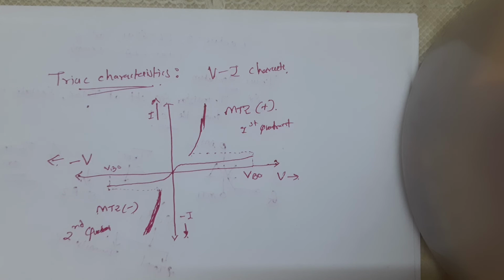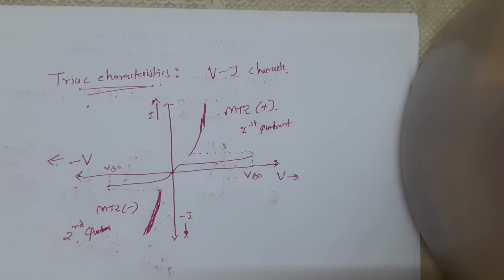First, the V-I characteristics of the triac in the first and third quadrants are essentially identical to those of the SCR in the first quadrant. Second, the triac can be operated with either positive or negative gate control voltage. But in normal operation, usually the gate voltage is positive in quadrant 1 and negative in quadrant 3.